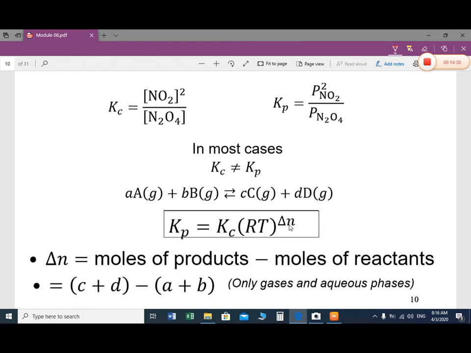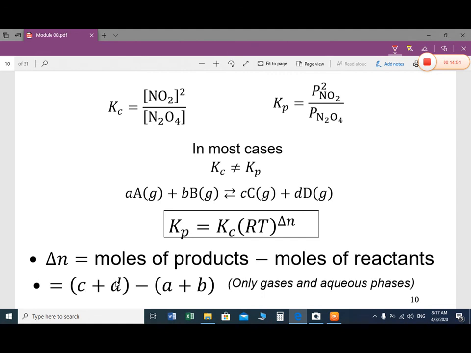Before you calculate Kp or Kc, first you have to calculate delta n by looking at the equation. This is your general equation. So how to calculate? Delta n is equal to the number of moles of the products minus the number of moles of the reactants. What is the number of moles of the products? This c and this d.